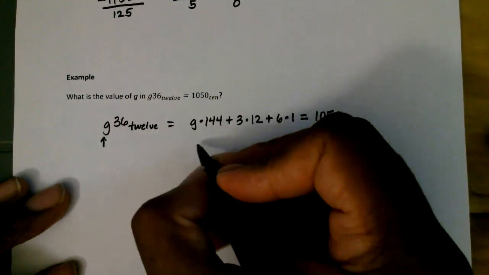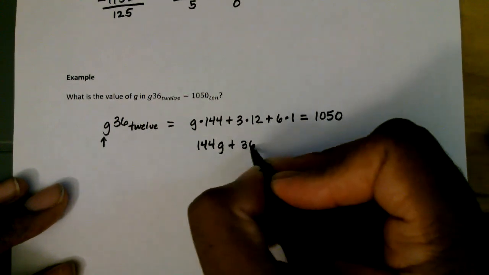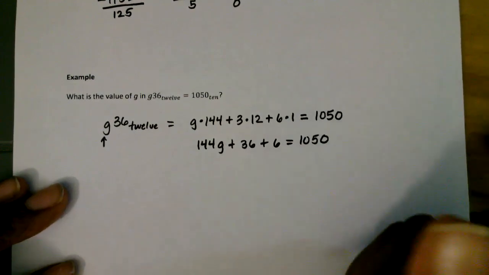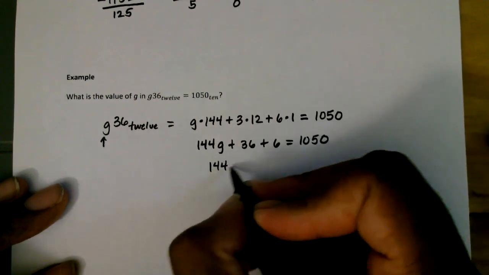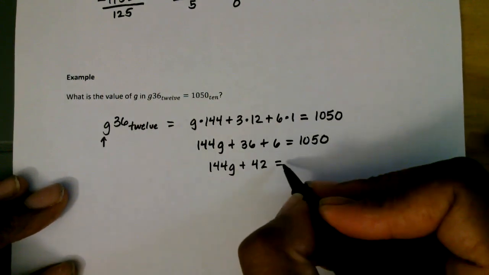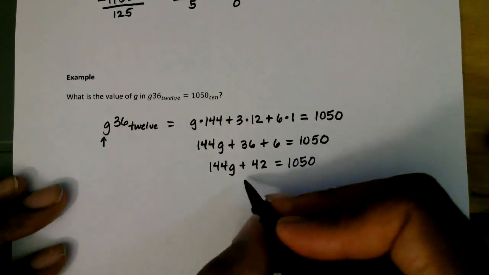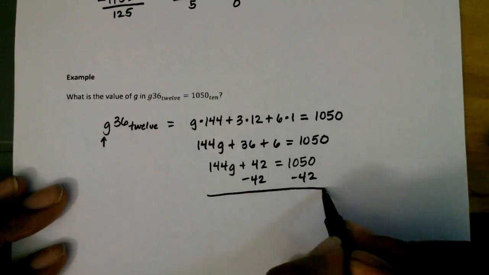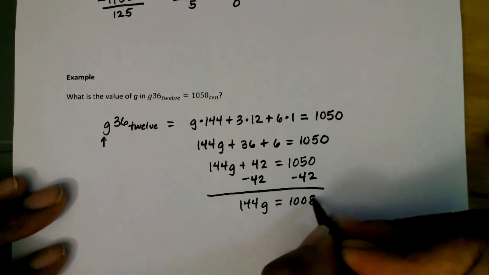All right, so if I simplify the left side, this would be 144G plus 3 times 12 is 36, plus 6 times 1, which is 6. That's equal to 1050. Add 36 and 6 together, you'll get 42. So you got 144G plus 42, which will be equal to 1050. If I subtract 42 on both sides to solve this equation, this will be 144G equaling 1008.